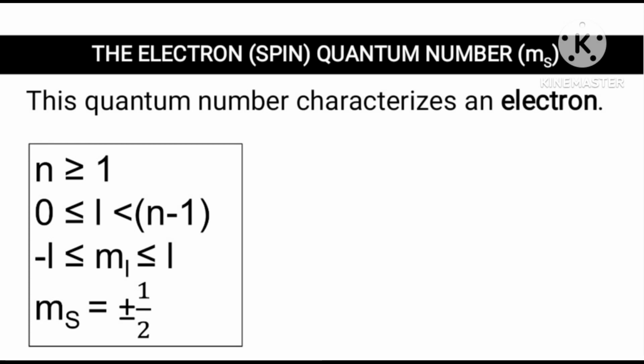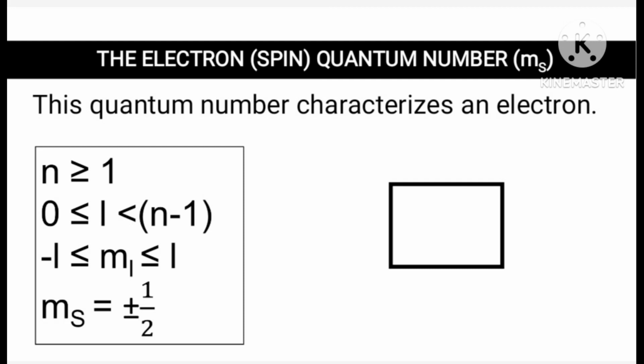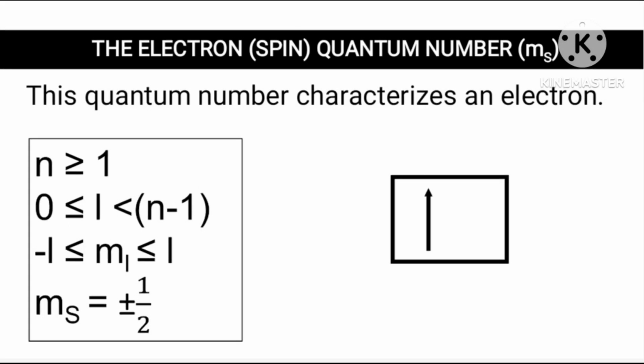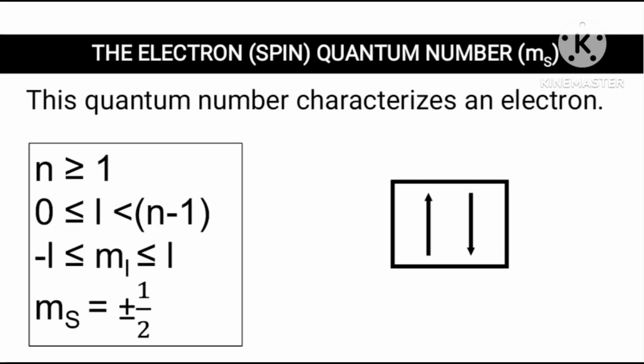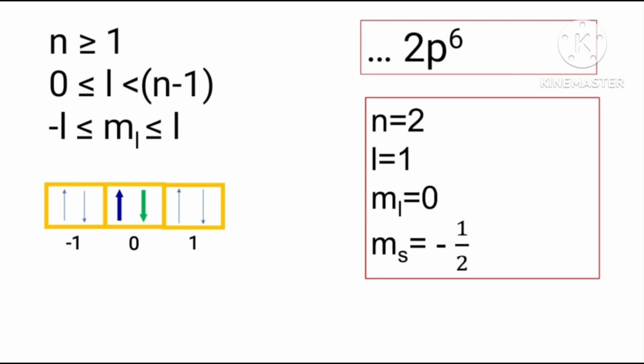So let's draw an orbital, and we said that on one orbital we might have only 2 electrons. We discussed it in our previous video. So that can be 2 electrons with different spins, like this and like this. If we again look at our 2p subshell, and we are, for example, interested in the orbital with ML value 0, let's have a look at our electrons.